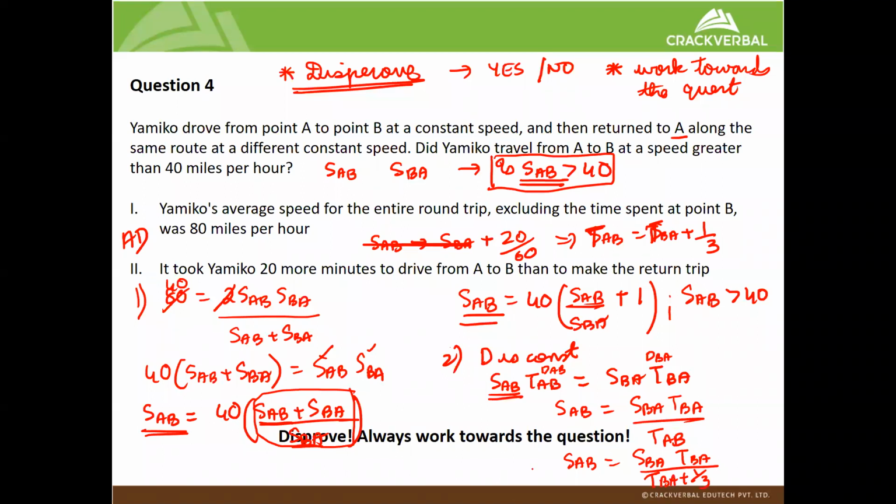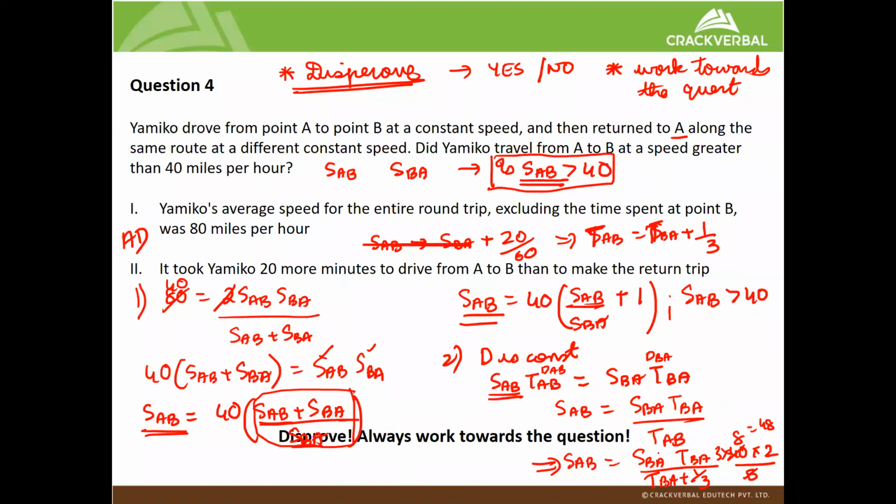Now looking at this equation, and by quickly putting in some values for SBA and TBA, you can easily prove that entire value to be greater than 40 or less than 40. For example, if I put SBA as 40 and I put TBA as 2, I'm going to get 40 into 2 is 80, and 2 plus 1 by 3 is going to be 5 by 3, so this is going to be into 3. 5 8s are 40, 8 3s are 24. 24 into 2 gives you 48.